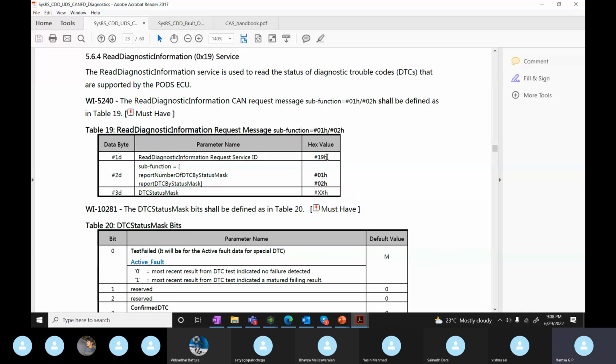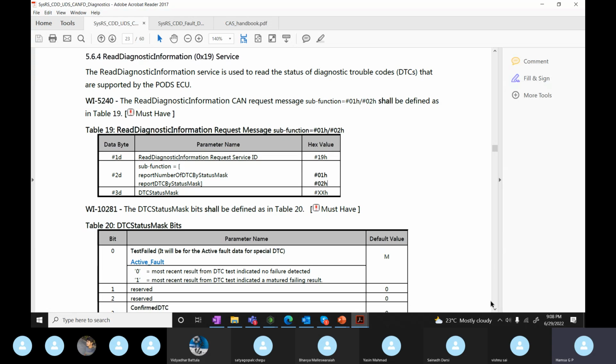Okay, so we have seen 19 01, 02, and you know what those are. With the 01 sub-function you know what you will get, and with the 02 function you understood what it will give. I used to write XX after 01 or 02 or 06. That XX is the status byte, the DTC status mask or DTC status byte.